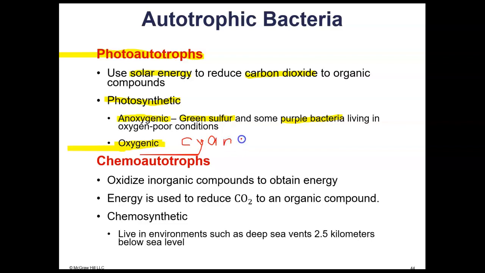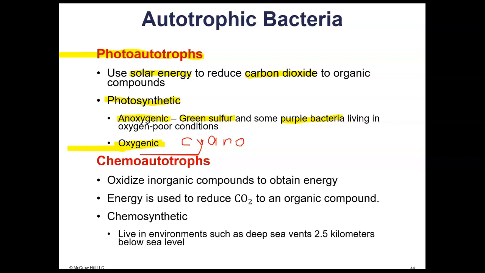C-Y-A-N-O. And then in your mind, you can just put bacteria on the end of that word. Cyanobacteria are the oxygenic photosynthetic bacteria. That means that they use oxygen. I'm sorry, I keep saying use oxygen. I don't mean that.